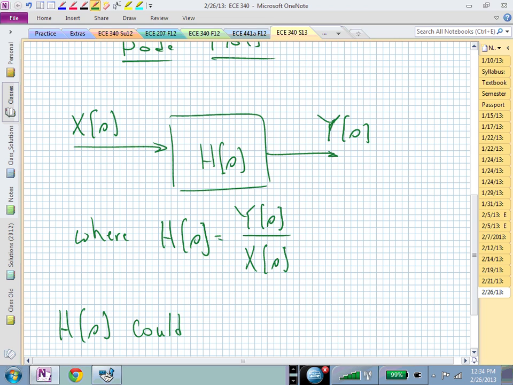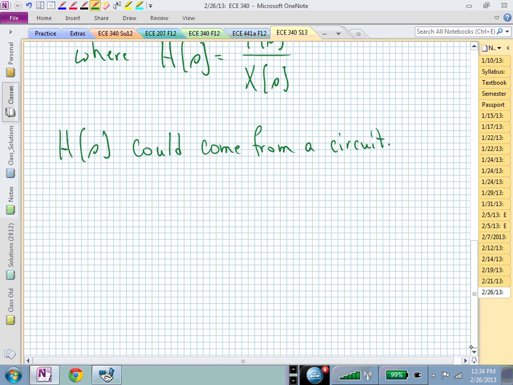H of S then could come from a circuit, and you now have experience with particular analysis techniques in the S-plane. Let's say that we now have a circuit that looks like the following.